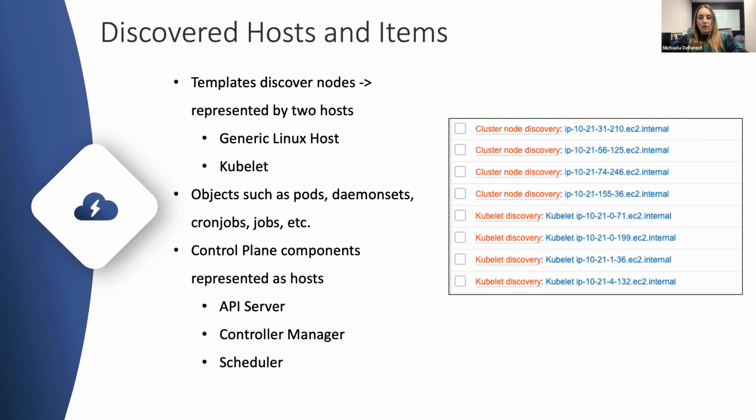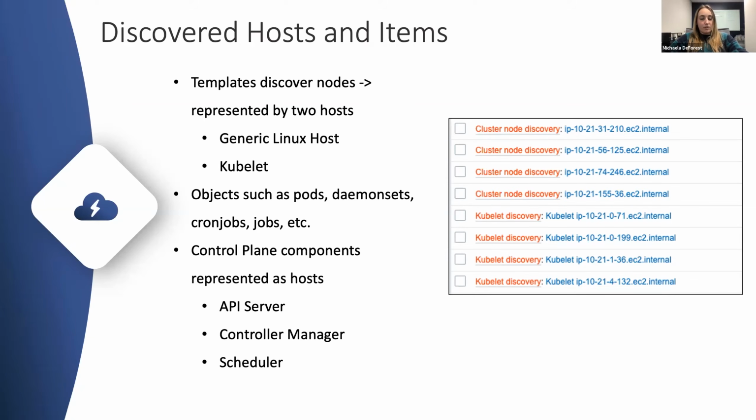Like I said before, Kubernetes can be difficult to monitor because of its dynamic nature. Low-level discovery in Zabbix is well suited to manage the constantly changing environment. Zabbix discovers nodes and represents them as two separate hosts. The first host monitors standard Linux items using the Linux agent template. The second host represents the kubelet running on each node and can collect data specific to the Kubernetes environment.